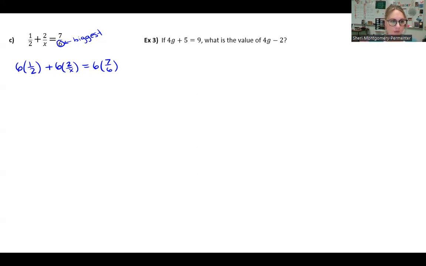Yep. So this will turn into a 3 times 1. What's 3 times 1? Or this is also saying what's half of 6 is just 3. For the next one, we multiply on the top. So I can't do the same trick to get rid of that x, but what's 6 times 2? 12.